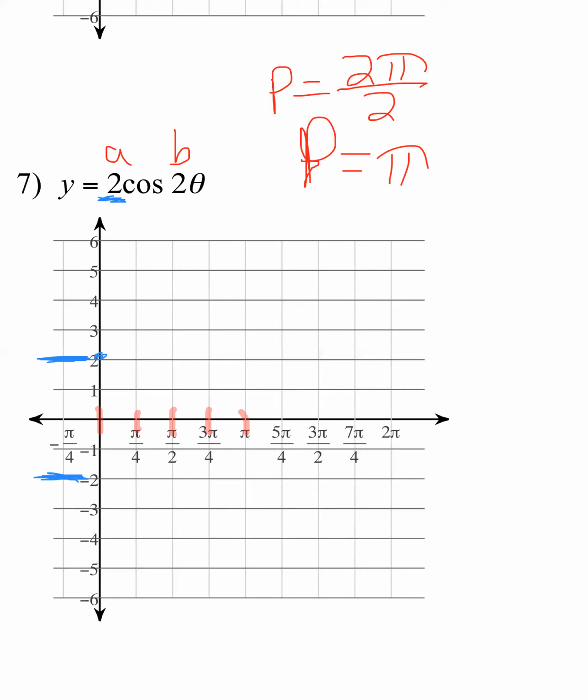So there's my first important point, and then I'm going to drop down to 0, drop down to -2, back up to 0, finish it out at +2. So there is my one full cycle. And then you can feel free to keep it going, continuous forever, just like that.